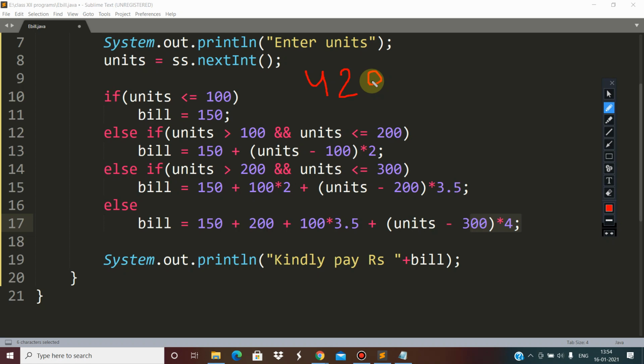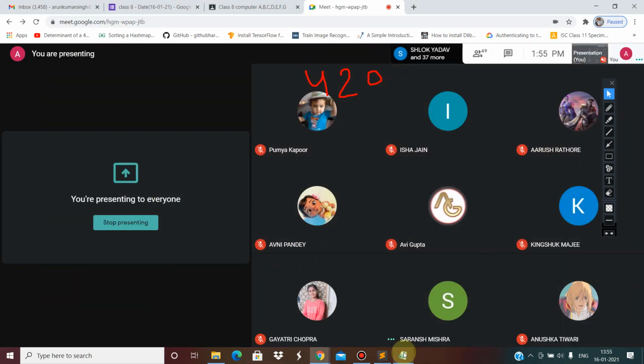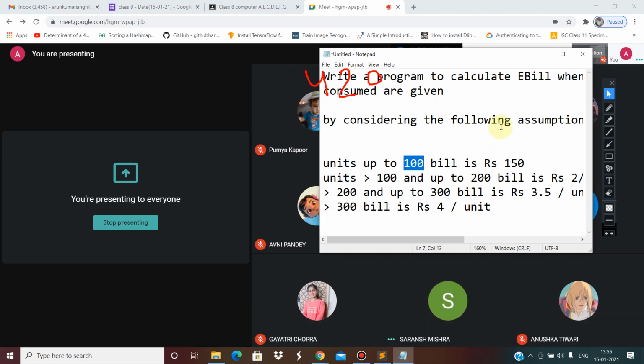All of you, please calculate and tell me, if this is the specification on the screen. Please tell. Hurry up. Are all of you attempting or not? Attempting, sir. Hurry up.